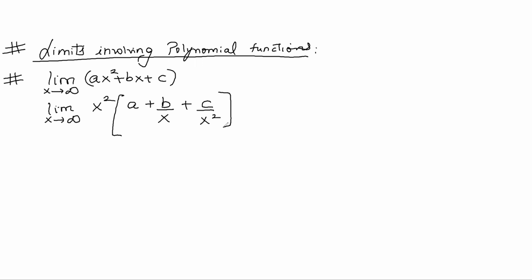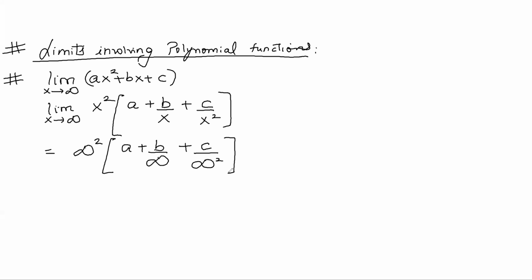Okay, now if I put infinity in this, I can put x as infinity: infinity square into a plus b by infinity plus c by infinity square. Now all of us know from the rules of infinity that anything upon infinity is 0.